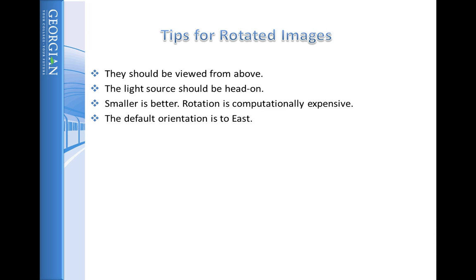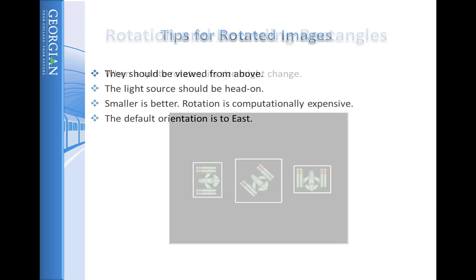One of the things it says here is that smaller is better, because rotation from a Python perspective is computationally expensive. It is, but in most cases, because our computers are much more powerful these days, unless you're rotating a lot of sprites on the screen at once, you're not going to notice the lag. We talked about the default orientation being east.